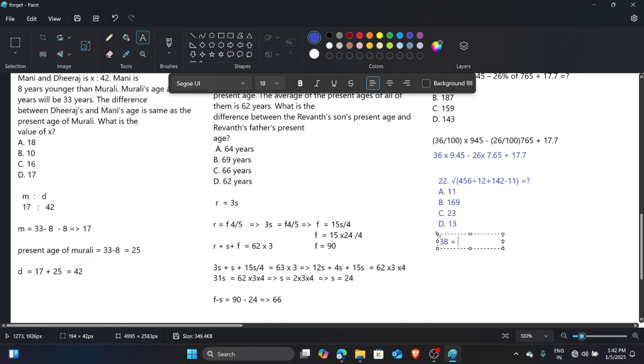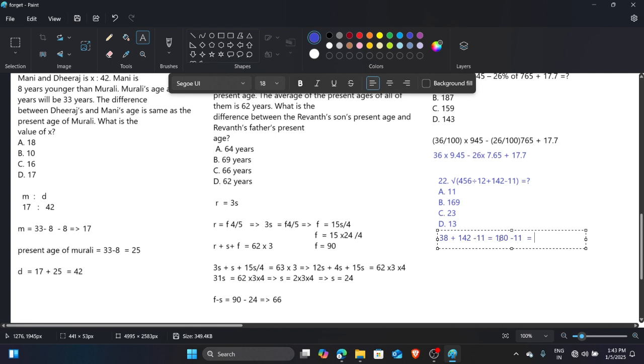Now plus 142 and minus 111. We have to do this. So what could be the answer? When you add them, we get 280 and 448 and 1 is there, and now we have to minus 111.